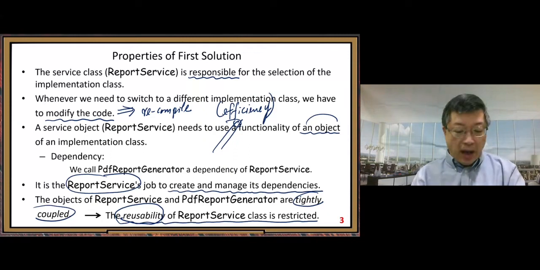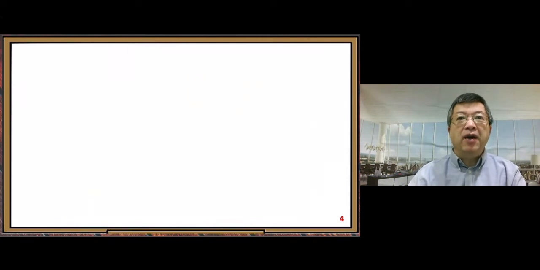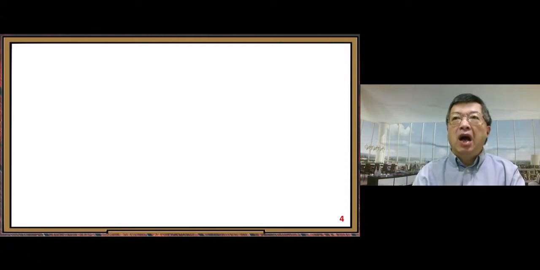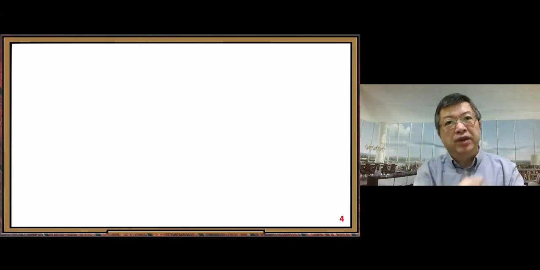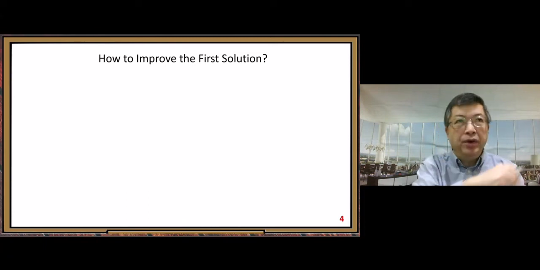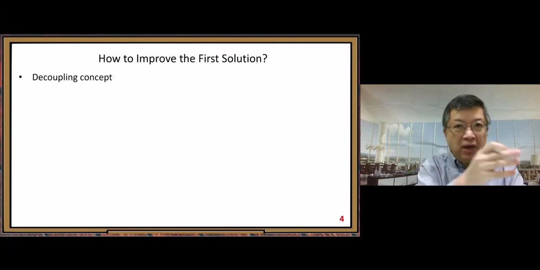Now, after we see this key point, next we will know how to improve it. After we find the problem, we know how to improve it. To improve it, we will use another important concept called the decoupling concept.